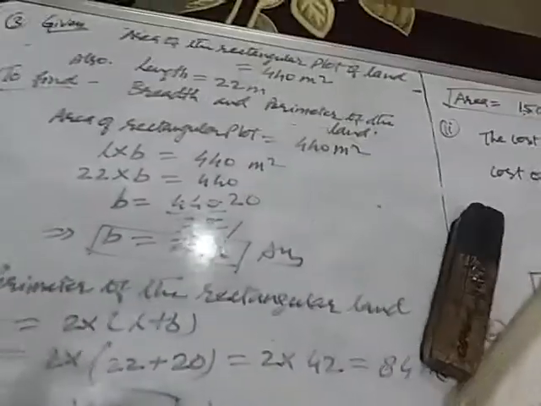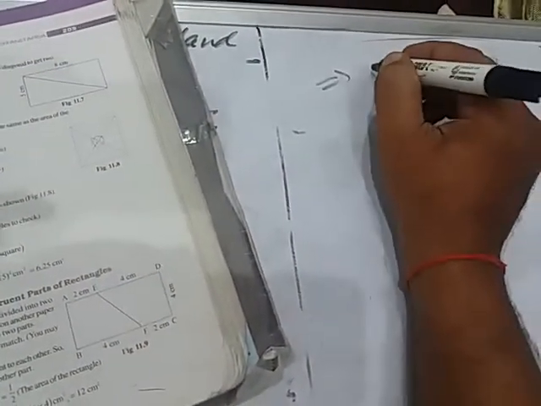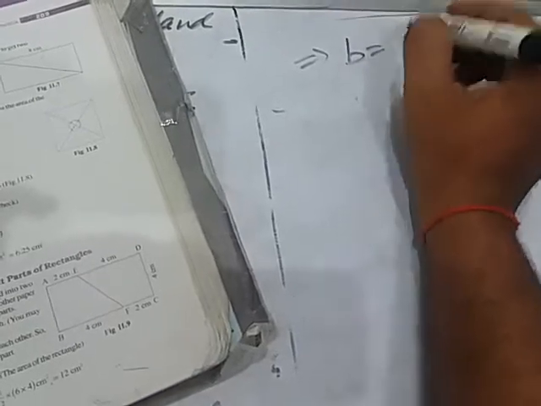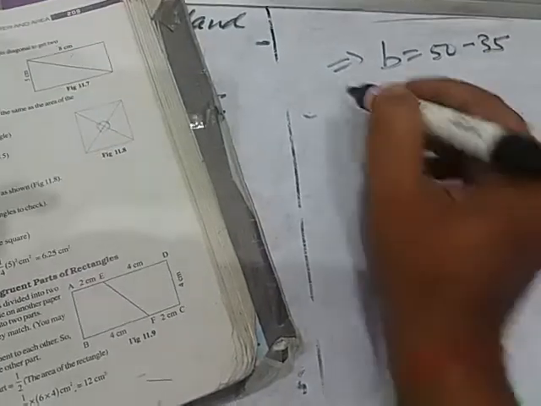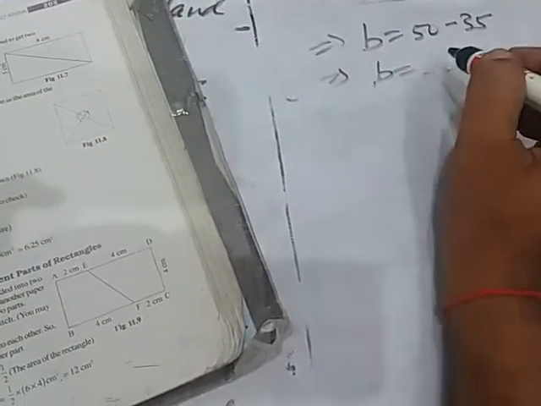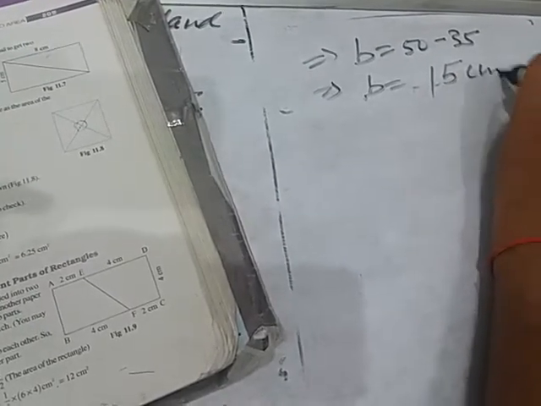Now b equal to 50 minus 35. This implies that b equal to 15 centimeter.